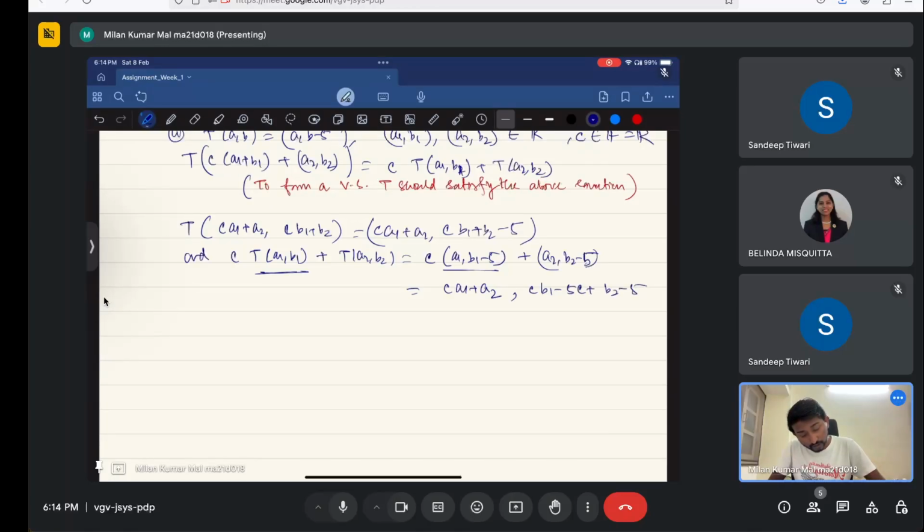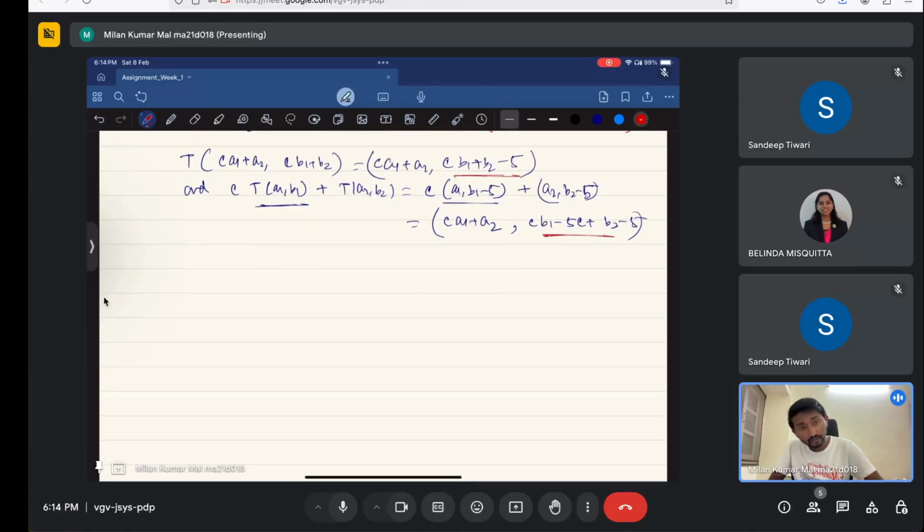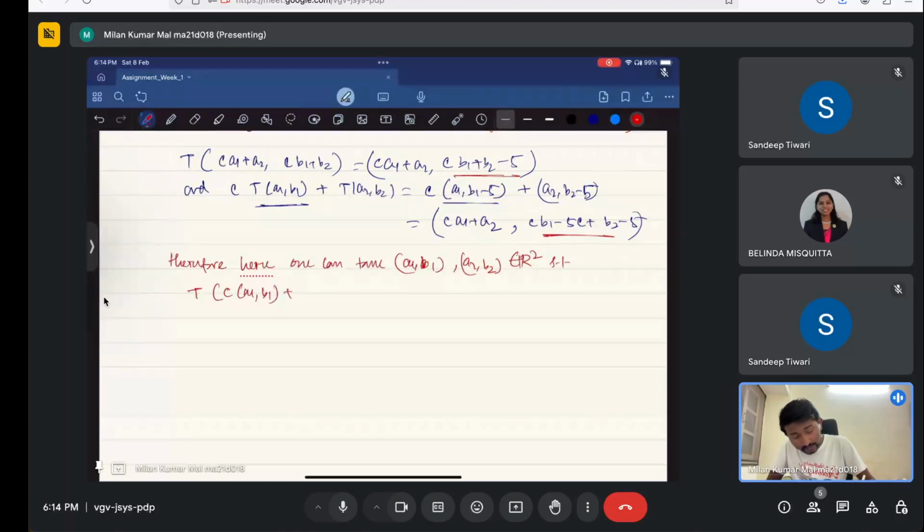So this second term is not equal. Therefore, one can take (a1, b1) as an element and (a2, b2) as another element from the vector space R2, such that T(c(a1, b1) + (a2, b2)) is not equal to c T(a1, b1) + T(a2, b2).